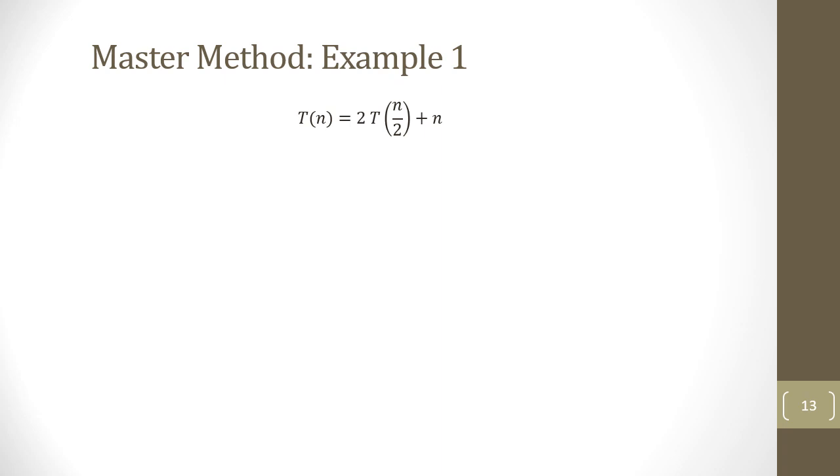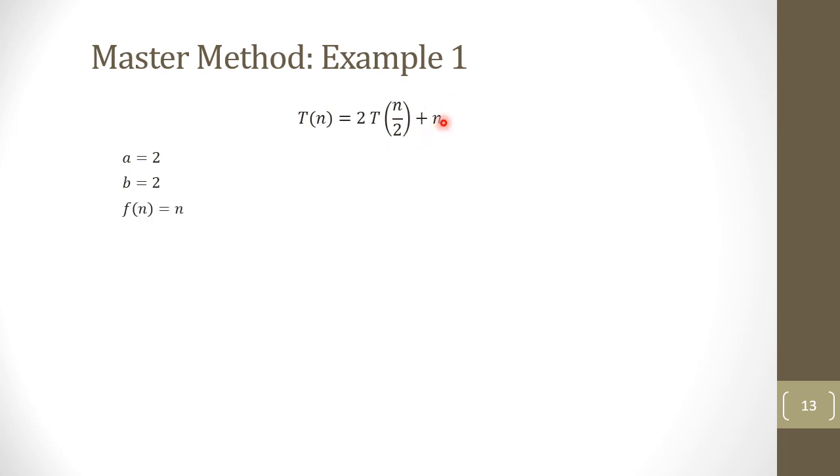Now let us solve some examples using the master method. First, we will solve the following recurrence of merge sort and quick sort through the master method. If we map this recurrence equation to the master recurrence, we have a equal to 2, b equal to 2, and f of n equal to n.